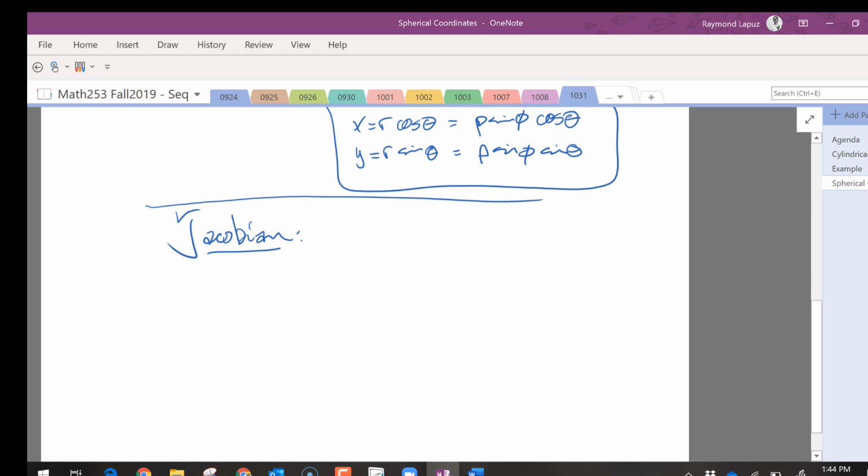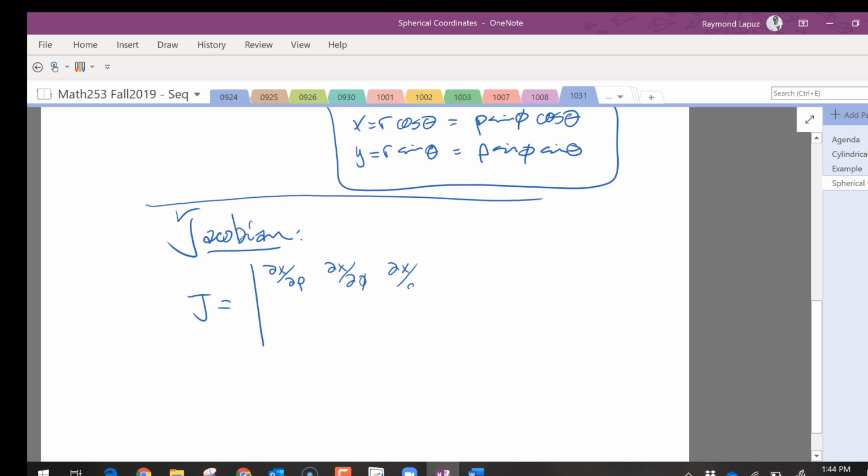And then we have the x, the y, and the z. So the Jacobian is going to be partial of x with respect to rho, partial of x with respect to phi, partial of x with respect to theta, partial of y with respect to rho, partial of y with respect to phi, partial of y with respect to theta.